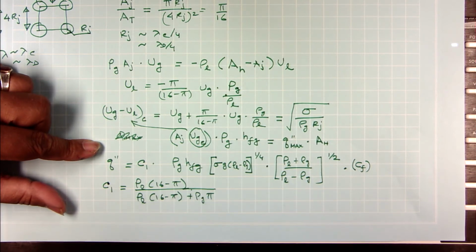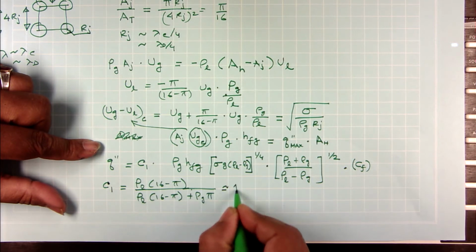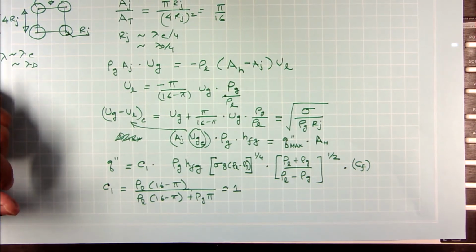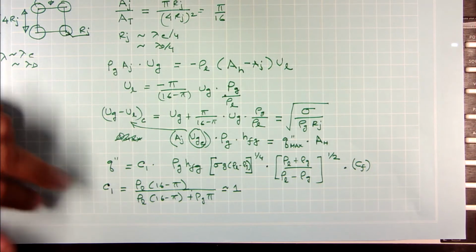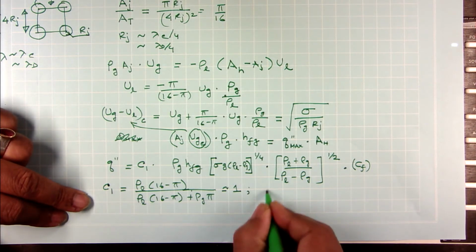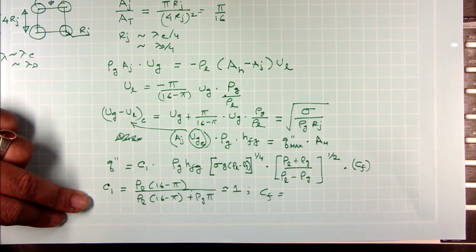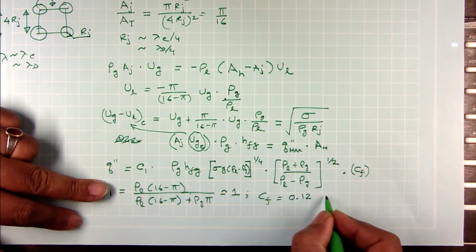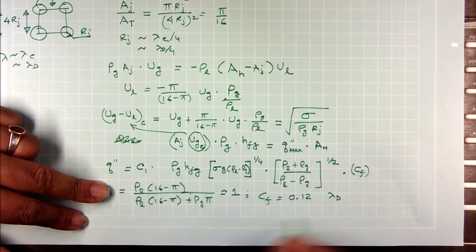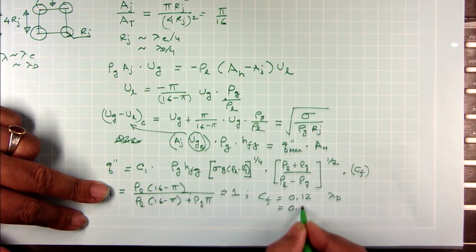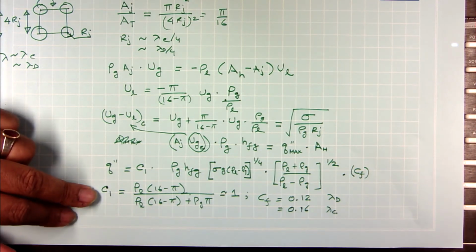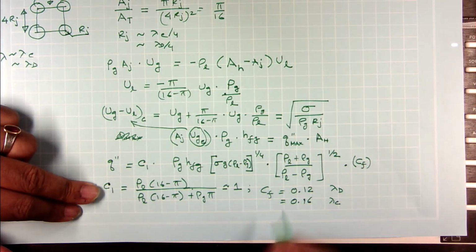So, realistically this value of C1 is approximately equal to 1, right, because rho G is so small it does not really matter. And this correction factor CF, Zuber could not make up his mind. It is equal to 0.12 if you use lambda d, and equal to 0.16 if you use lambda c. And the mean value of this CF is something like pi by 24.